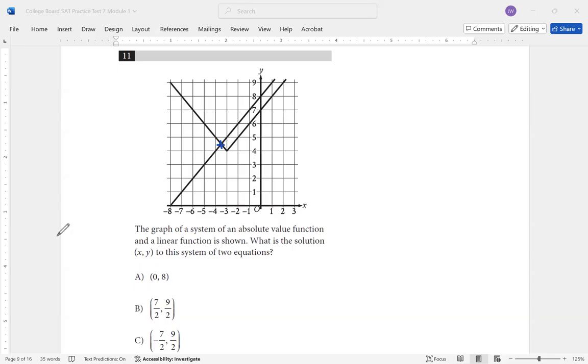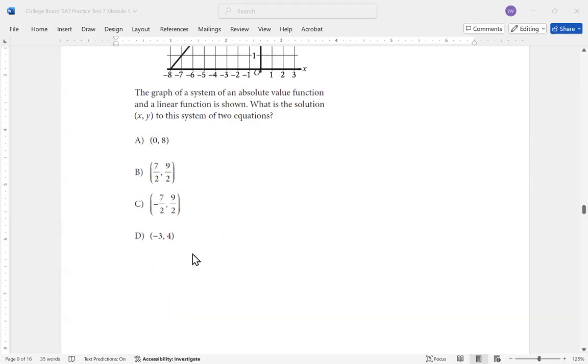So negative 3.5, comma, 4.5. Now, it doesn't give me my points in decimals, but negative 3.5, comma, 4.5 is the decimal version.